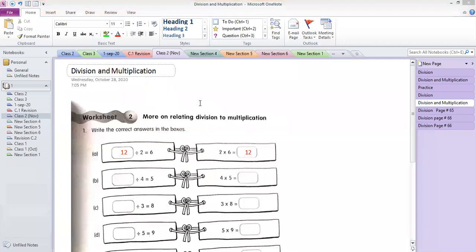Same here: dash divided by 4 equals 5. So if you multiply this 5 by this 4, you can solve these questions, because when you multiply 5 by 4, you find the bigger number for the division sentence. 20, and you can multiply 4 by 5, 20 here also.